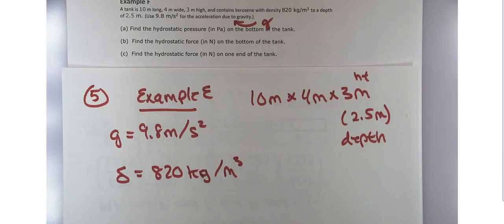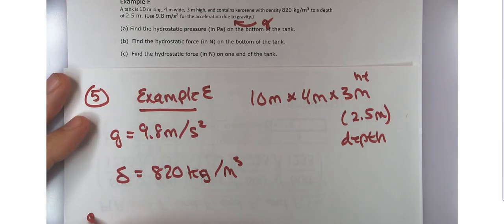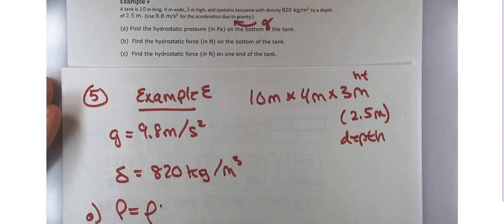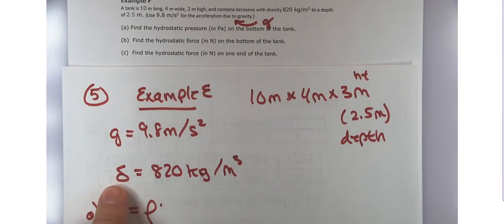Okay, so part A, the pressure is going to be the density. I guess I'm using the wrong thing for density. Yeah, that's going to be our density times the constant of gravity times the depth.